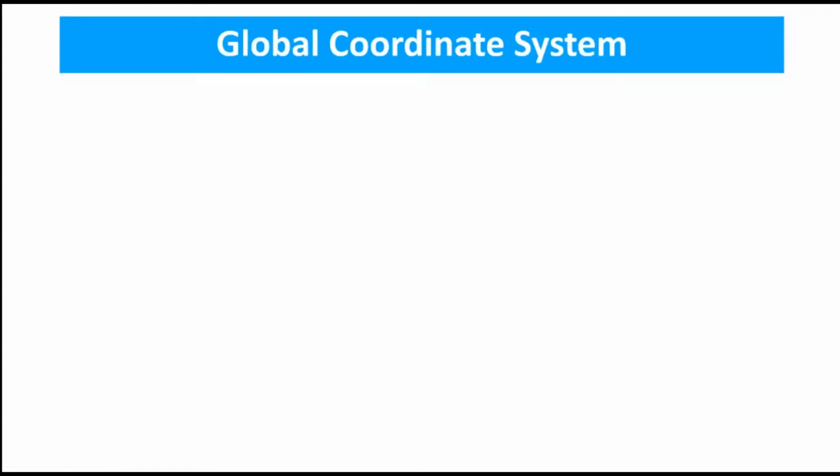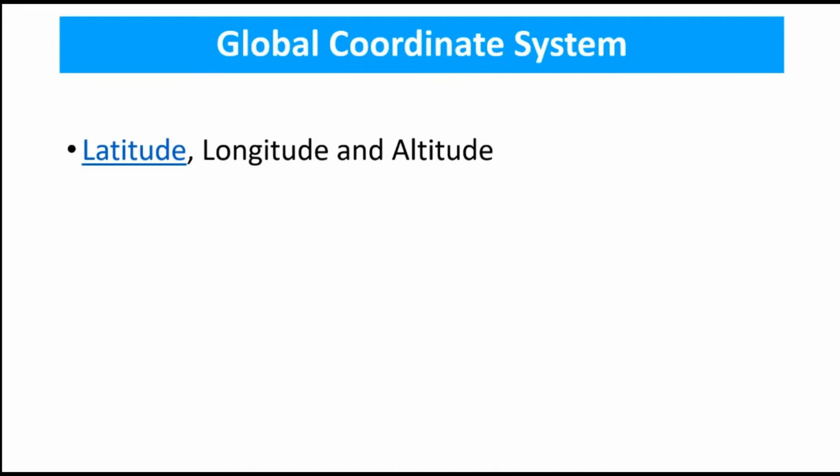Now we will see the global coordinate system. You have already been exposed to it. It may be repetition, but this is with specific reference to the survey for pre-tamping and post-tamping work. Global coordinates have longitude, latitude and altitude.